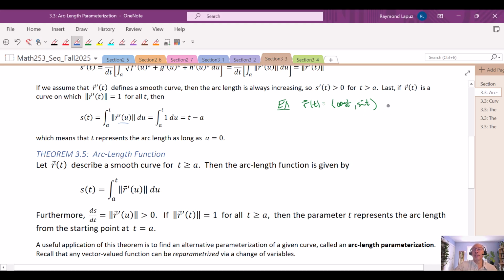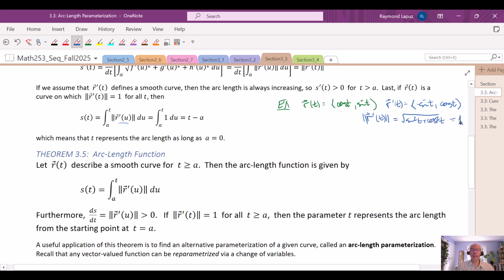So let's first find the derivative. r prime of t is equal to just the derivative of cosine, negative sine t, derivative of sine, cosine t, and then the magnitude of that is going to be the square root of sine squared t plus cosine squared t, which is equal to 1.